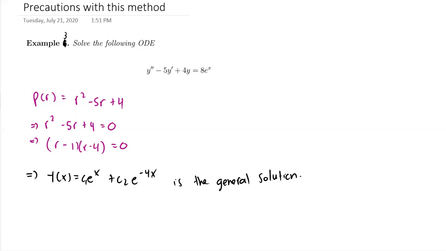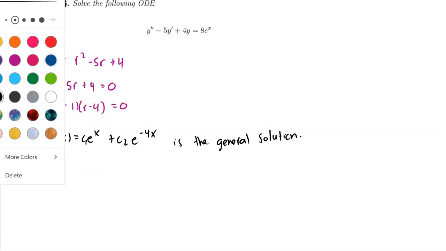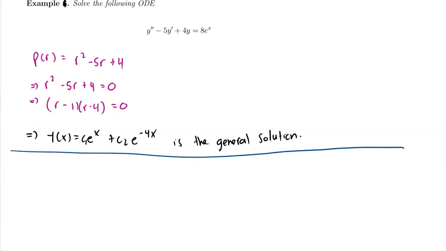Now, let's go ahead and find the particular solution. Now we know exactly what to do: take derivatives of g of x, the function on the right-hand side, and make sure to include all possible terms that arise from those derivatives in the particular solution. So let's do it. y sub p is what we're going to find. g of x is, for us, 8 e to the x.